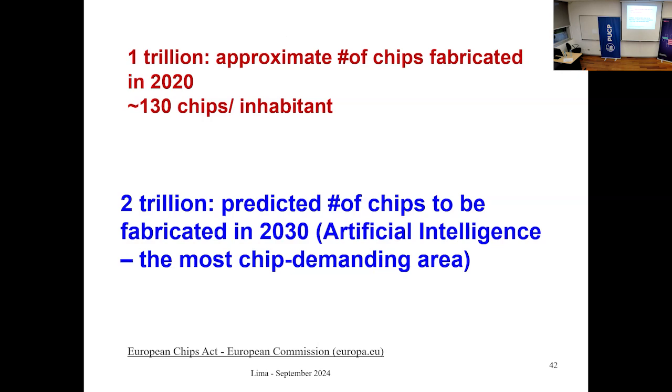And artificial intelligence will be the most chip-demanding area. The most valuable company today, have you heard of it, is NVIDIA. Yes, because they are producing chips for artificial intelligence. So they are really huge and valuable. Maybe, I don't know, how many trillions of dollars.